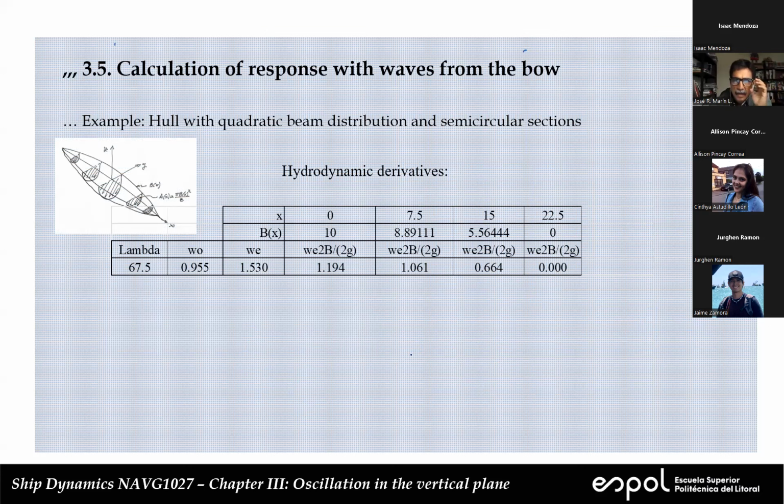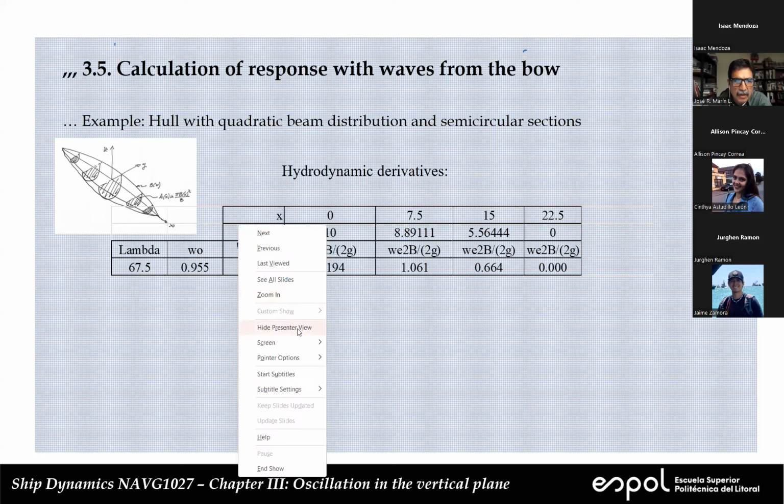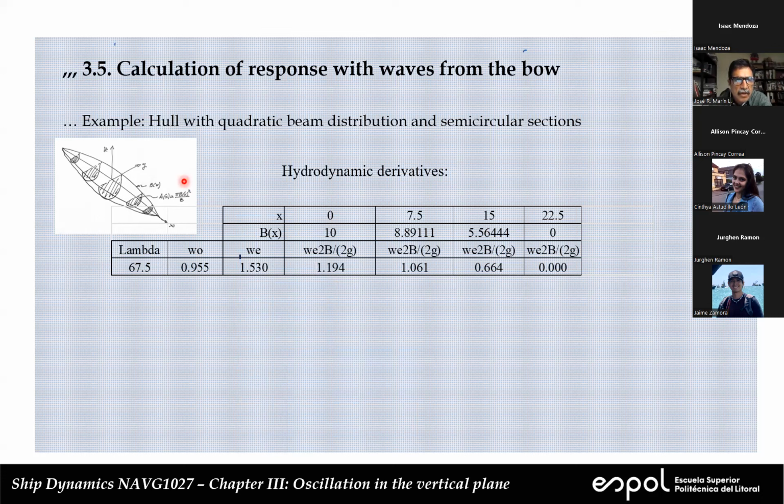Now, there are many ways that you can do it. This is one way, okay? Now, since we are facing a symmetric hull, there is no point in integrating over the whole length. So I'm going to take advantage of that, right? I'm going to integrate from here until here, and then the result is going to be doubled.